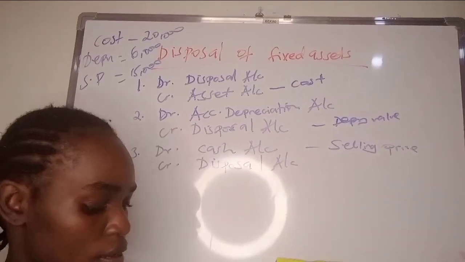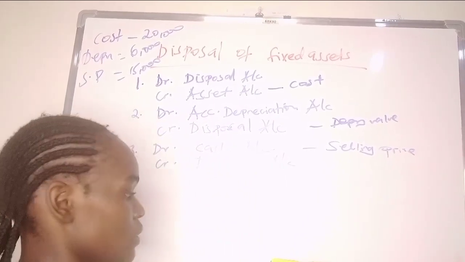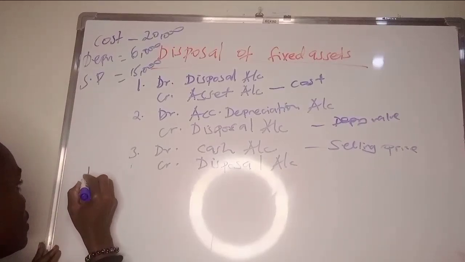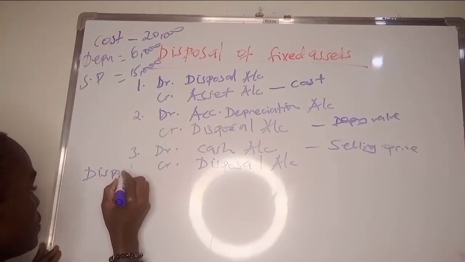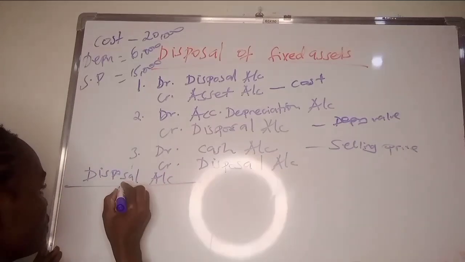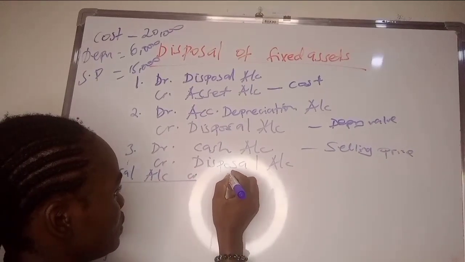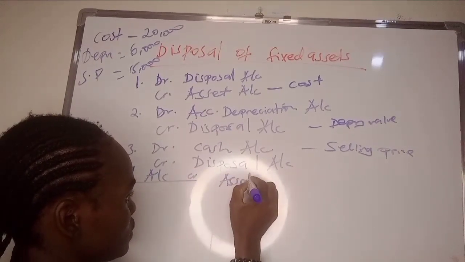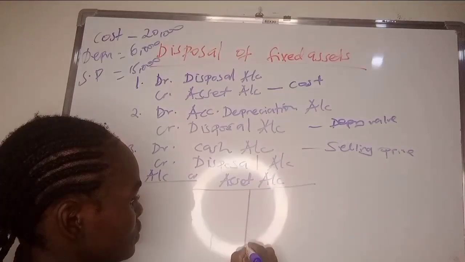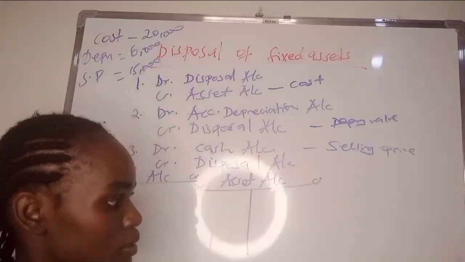Required, they want us to prepare the relevant ledger accounts. So we start with the disposal account, debit and credit, then the asset account, debit and credit.